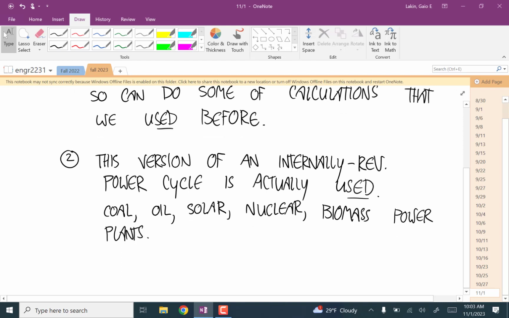And so what does it mean that all these different types of power plants use this cycle? Well, we're going to be talking about the working fluid, which is going to be water, and that's what's flowing through the pipes. And the stuff listed here is what you use to heat up the water in the boiler of the power plant.